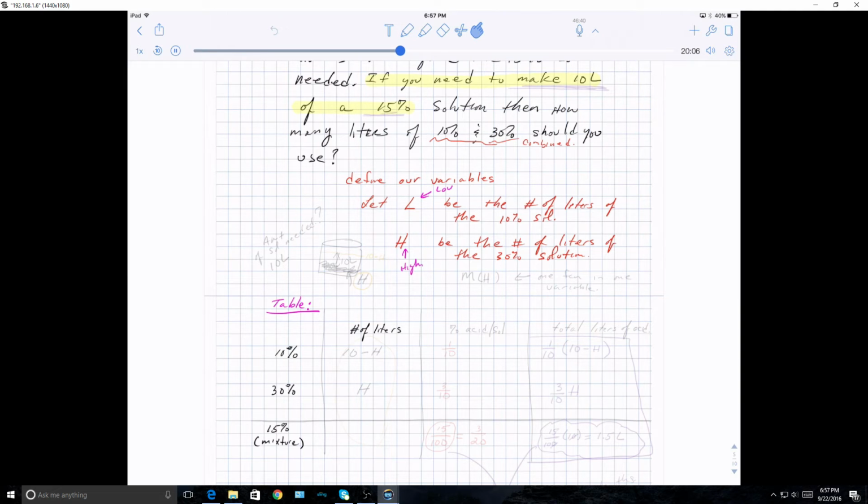Well, the number of liters are going to directly change the concentration. That's what we're trying to do, is get to 15%. So we're going to need to know the percentage of that solution, or the percent acid or solution.